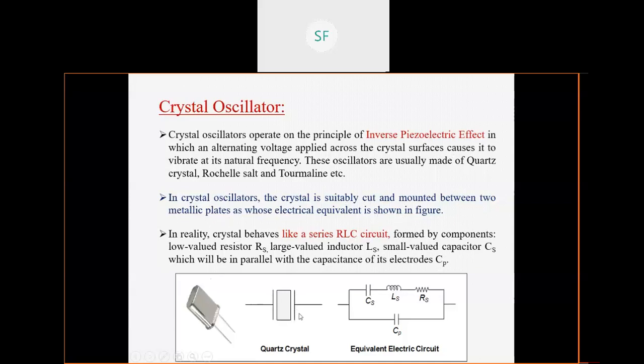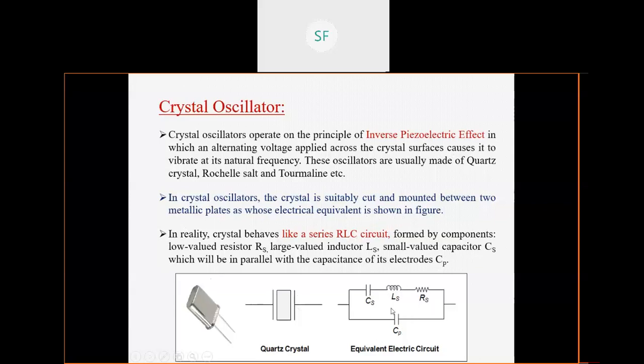These two vertical lines are the metallic contacts. This is how the symbol of your quartz crystal looks like. It is suitably cut and mounted between two metallic plates, whose electrical equivalent is shown in the figure.